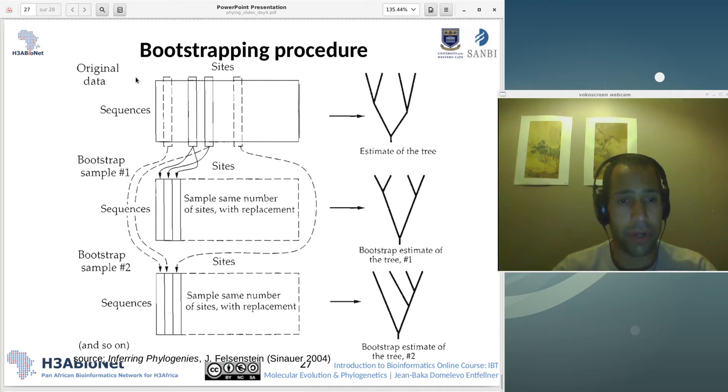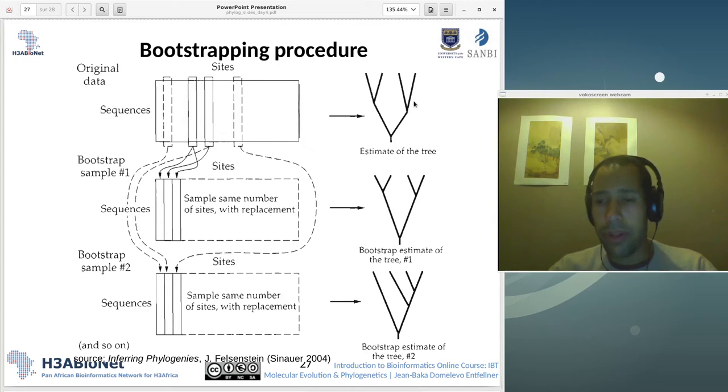At the beginning, the framework we've explained so far is that we have aligned sequences made of columns of aligned characters that we call sites, and from this original alignment or set of sites we estimate the best tree. Okay, and this bootstrapping procedure is independent of the method chosen to estimate the tree. You can use maximum parsimony, maximum likelihood, Bayesian methods, whatever. So this set of sites gives you this tree.